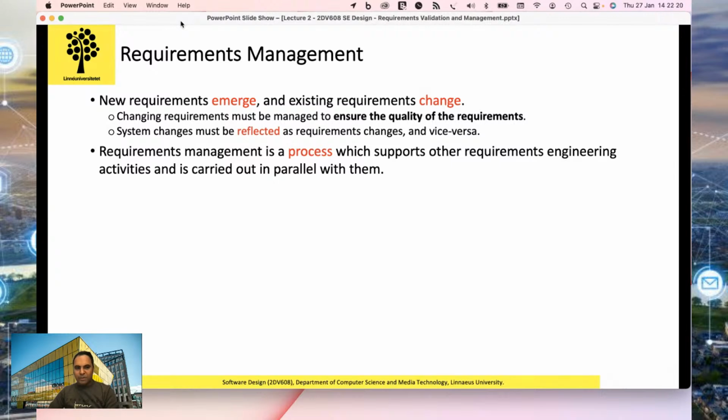So there should be a process called the requirements management process to deal with those changing requirements.